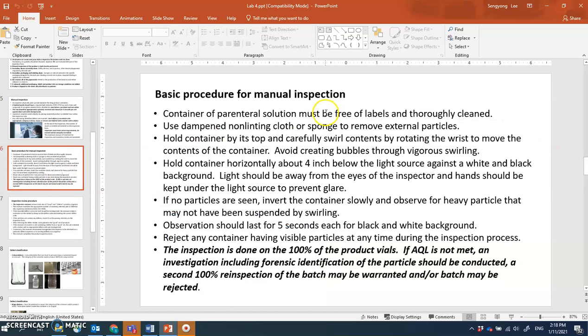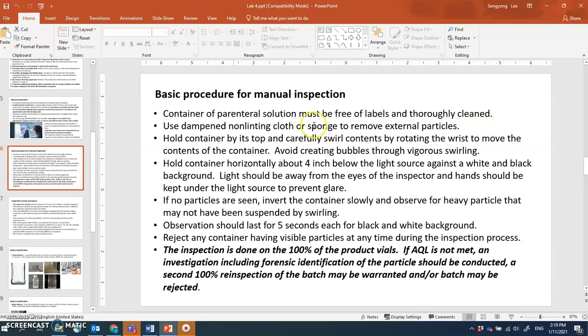Basic procedure for manual inspection again: the container of parenteral drug solution should be free of labels and thoroughly cleaned. So it's before secondary packaging, before labeling is done, so everything should be easily visible. Use a dampened non-linting cloth or sponge to remove external particles if there are any.